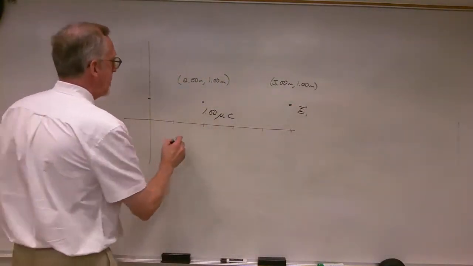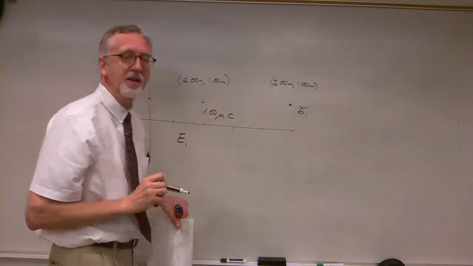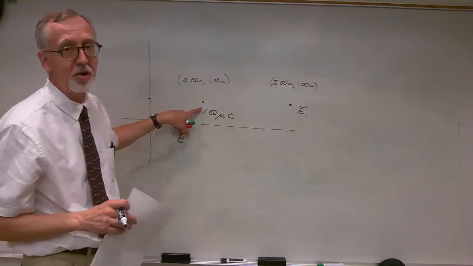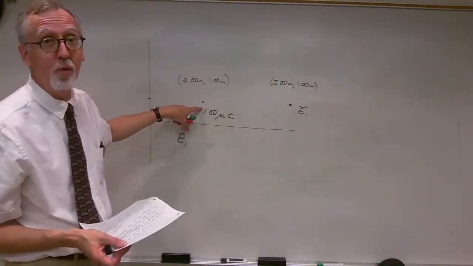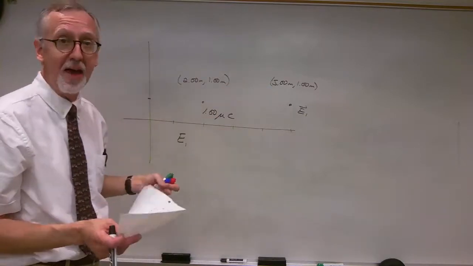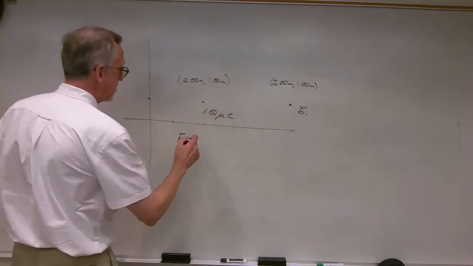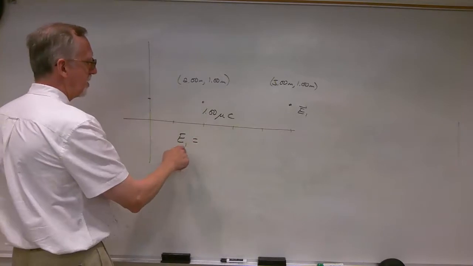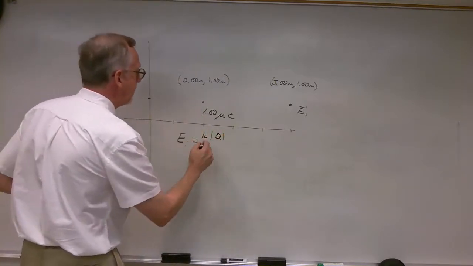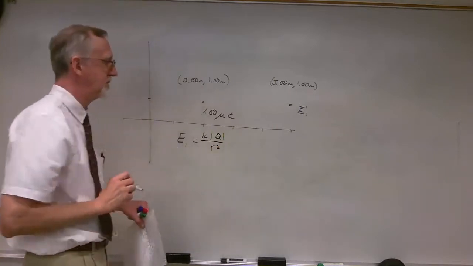I would suggest that you calculate the magnitude of the electric field using the magnitude of the charge, and then, knowing what we know of the direction of the electric field, put the direction in afterwards. So let's figure out the magnitude. The magnitude of the electric field will be K times the magnitude of our charge over the distance squared.